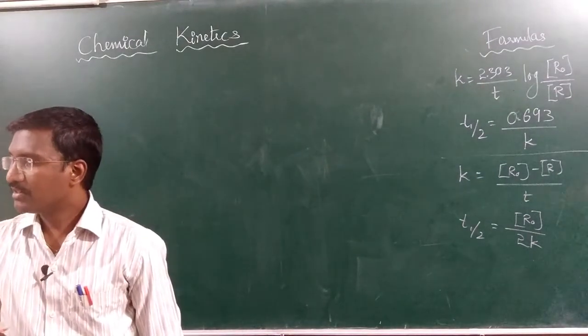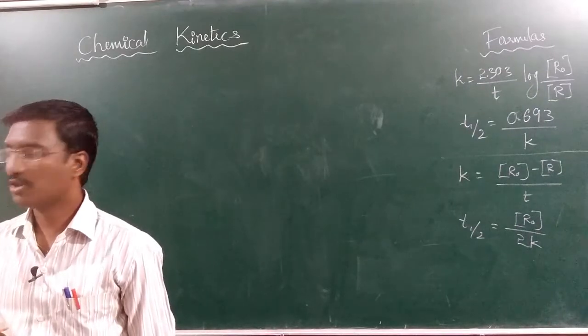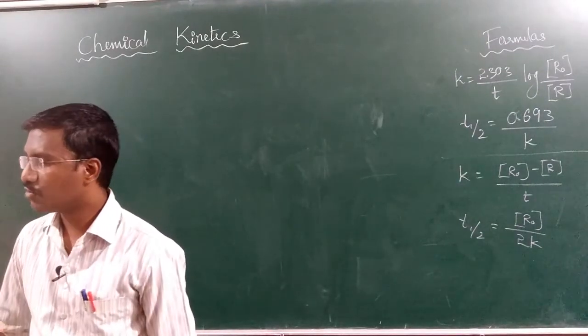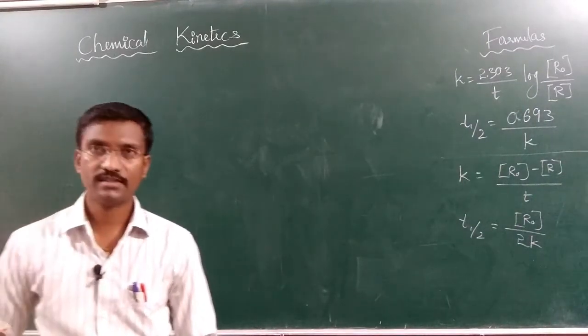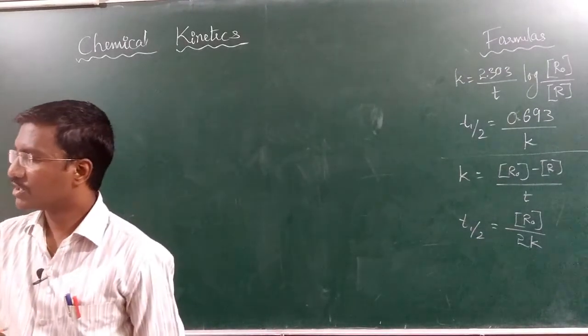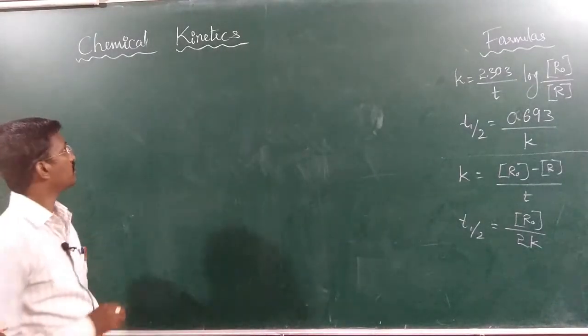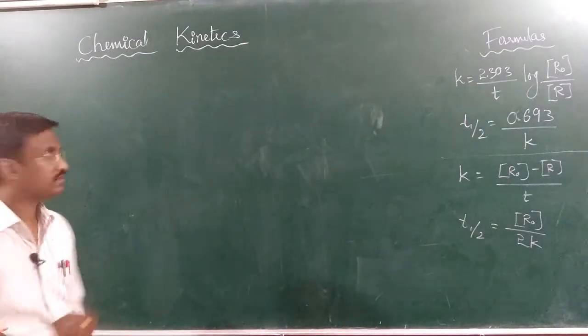This problem follows first order reactions, and they are asking you to calculate the time in seconds. They have given the initial concentration and final concentration with the rate constant. So let's start from the given data.